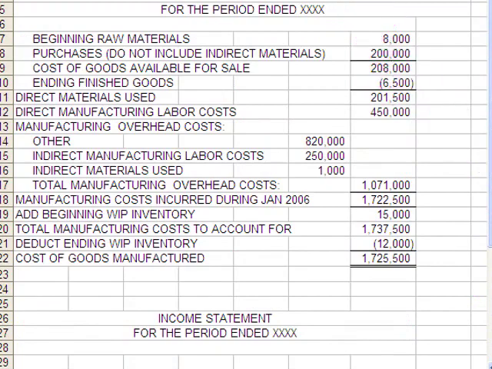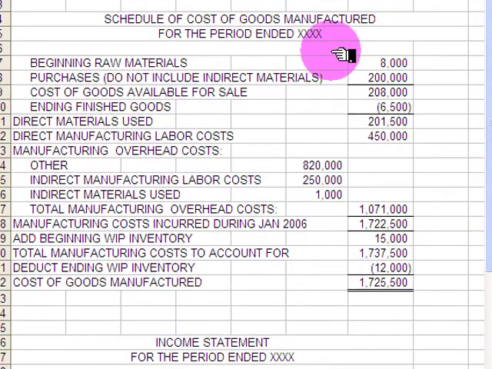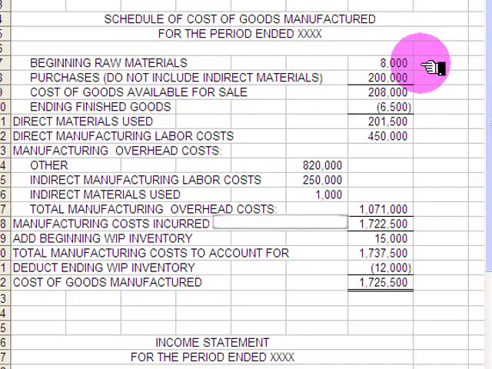The first schedule here is the schedule of cost of goods manufactured. And notice that this schedule really just combines two of our inventory flow schedules. It combines the raw material schedule with a slightly different order of the work in process schedule.